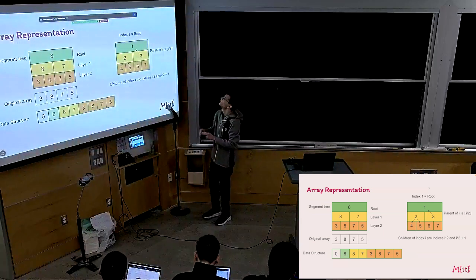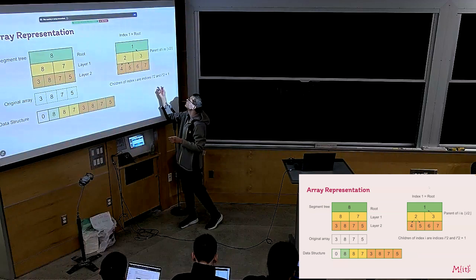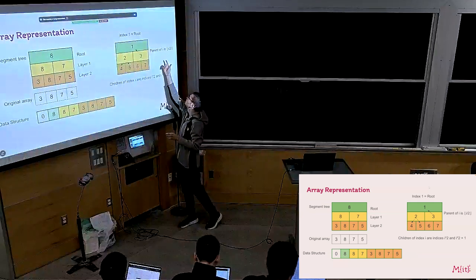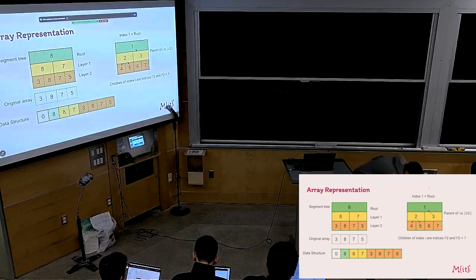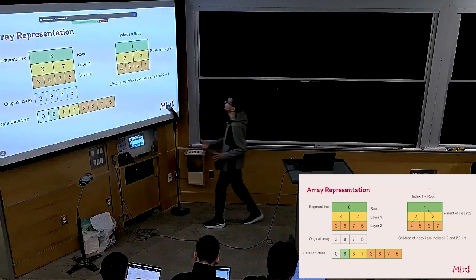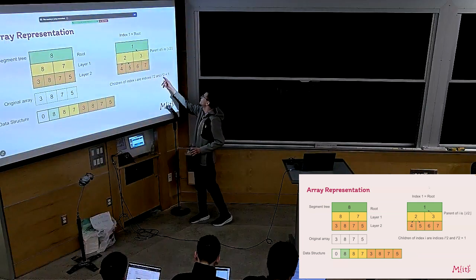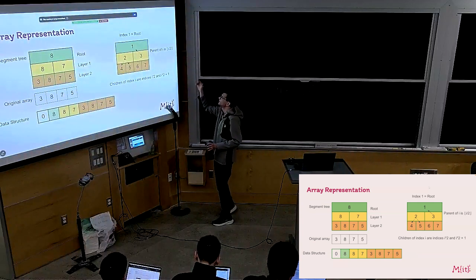By this, we also know that to get the index of a parent node, we just divide I by 2 and take the floor. That works because I times 2 divided by 2 is just I, and I times 2 plus 1 divided by 2 is I plus half, and the floor of that is just I.